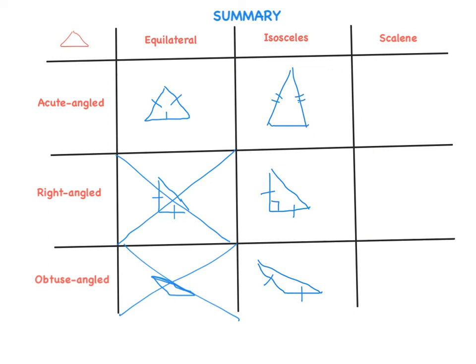Try to do the drawings into your copy using pen and pencil and ruler. Okay, so you need to make sure these sides are exactly the same length. And the last one is Scalene Triangle, and it's really easy. Every single side has to be different. And in first row we have acute angle.